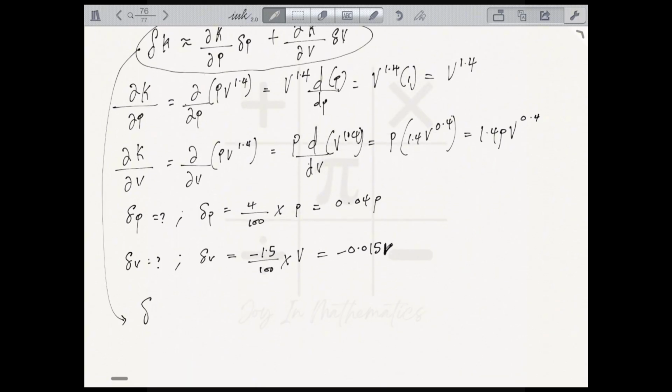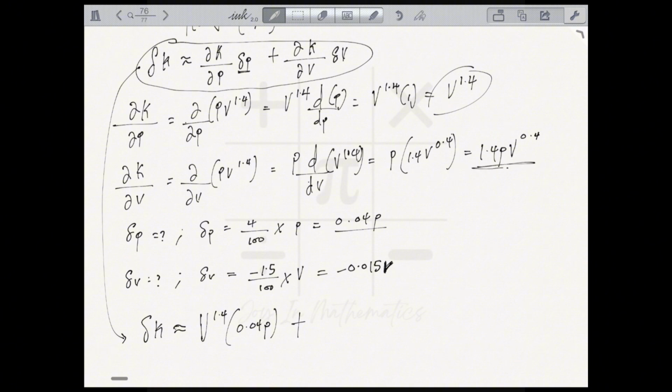The small change in K is approximately dK/dP, that is V raised to power 1.4, multiplied by the change in P, which is 0.04 P, plus dK/dV, that is 1.4 P V raised to power 0.4, multiplied by the small change in V, and that is minus 0.015 V.